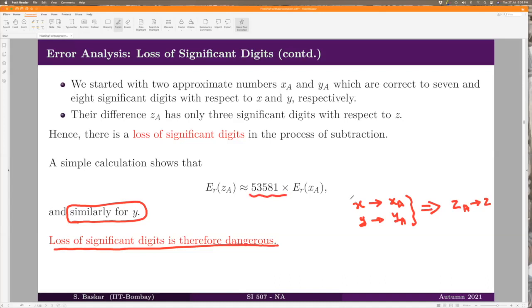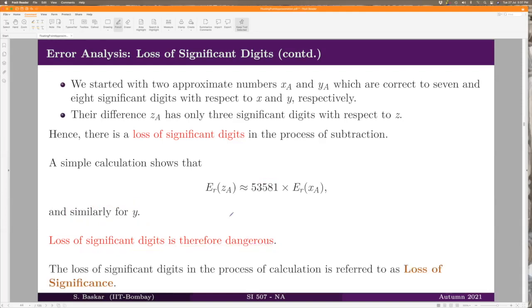Just imagine that you are doing such a calculation some 1 lakh times in your model. Each time you do a calculation, the error is amplified this many times, then you can imagine that your final answer may not be anywhere near what you want, even though mathematically the method may be very good. Therefore, we have to take this loss of significant digits very seriously in our computation.